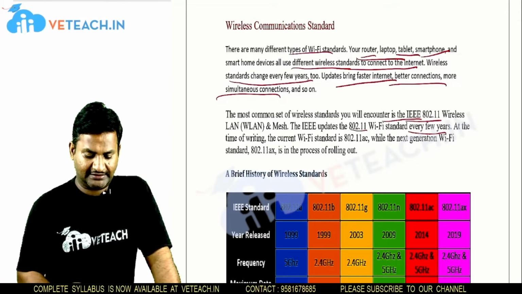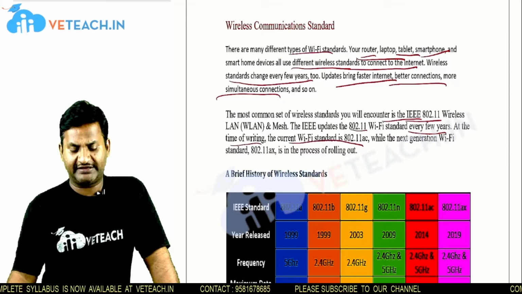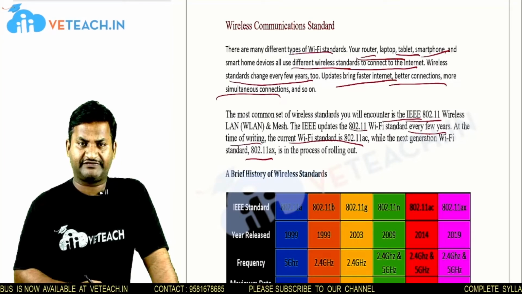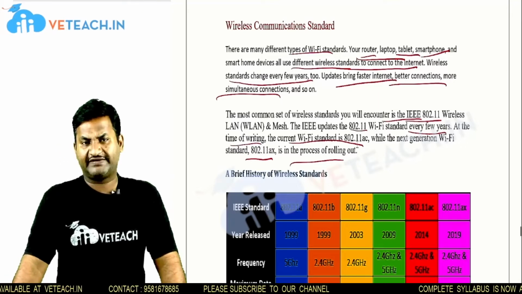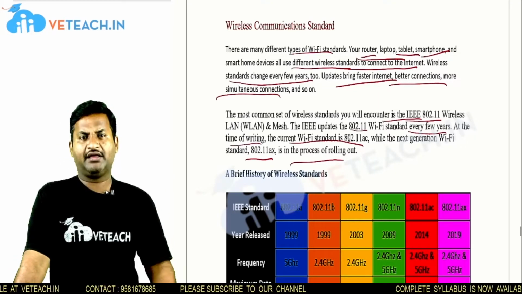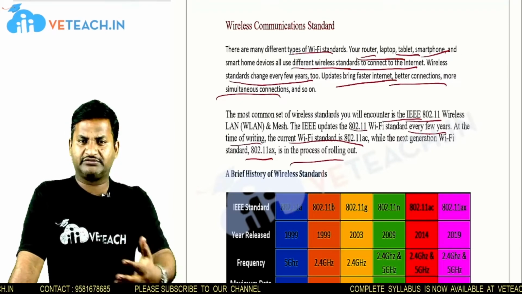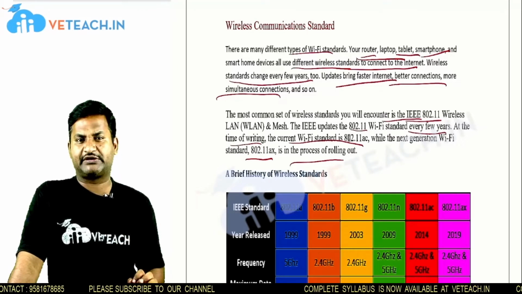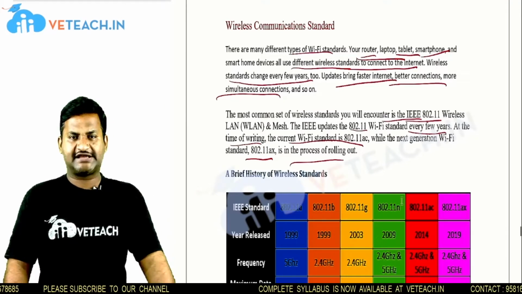The IEEE updates the 802.11 Wi-Fi standards every few years. At the time of writing, the current Wi-Fi standard is 802.11ac, and the next standard is 802.11ax. How phones and different kinds of devices access data from the internet is called the wireless communication standard.